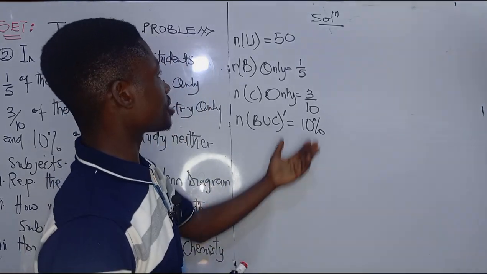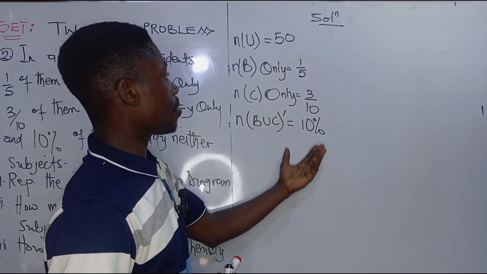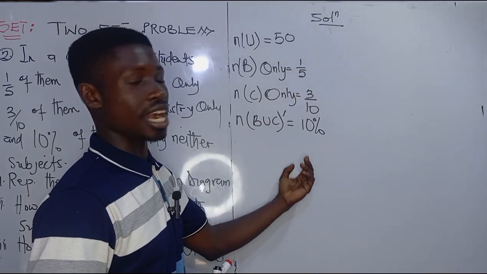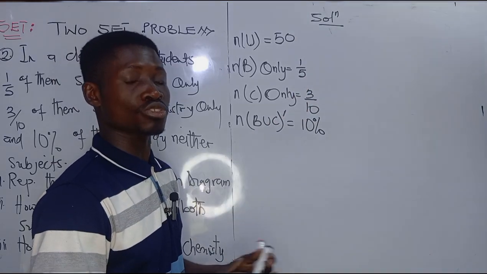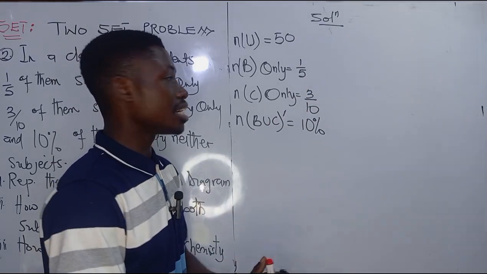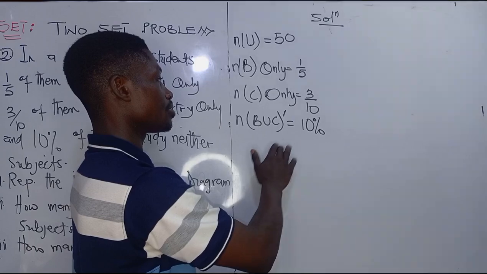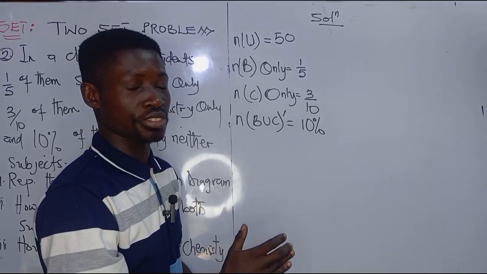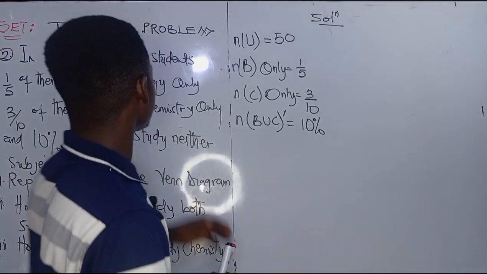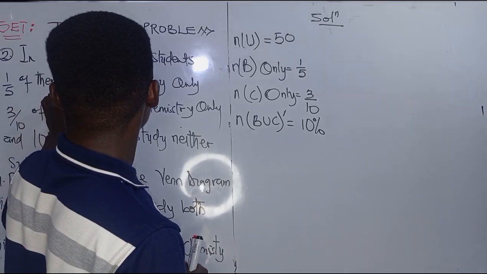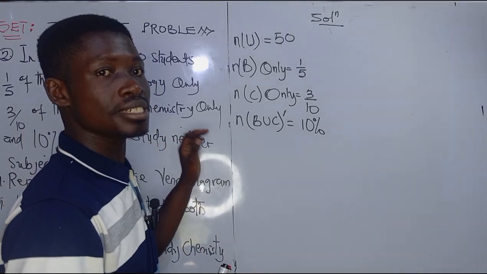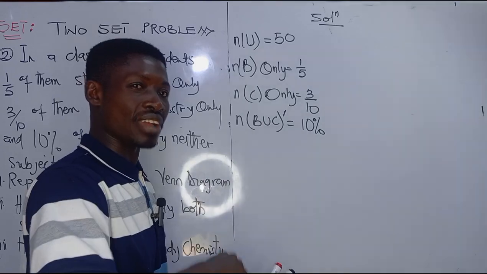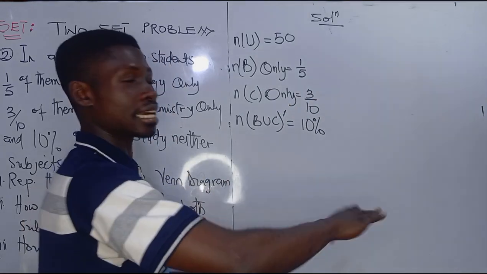Now you realize that all the numbers of students have been represented with what? Fractions. So we have to find the number of students that offer biology only, chemistry only, and neither biology nor chemistry. The question says that 1 over 5 of them study biology. So 1 out of 5 of what? Of the students in the class.